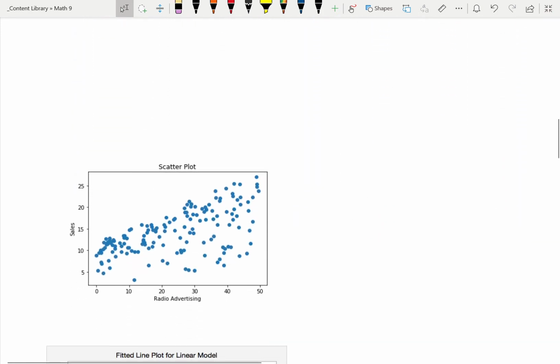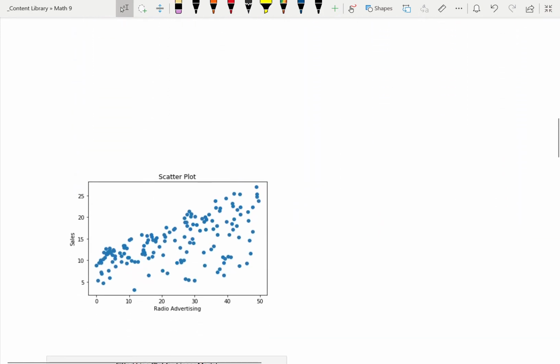All right, this is another example of a positive correlation. We can easily see there is a trend going upwards, but it's pretty weak. So we have radio advertising and we have sales. Again, this is a weak correlation.